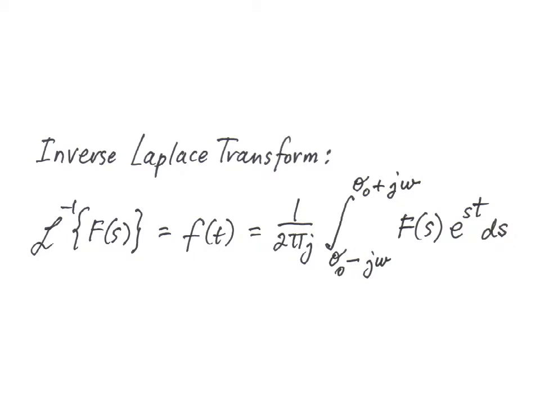The inverse Laplace transform is applied to f of s, the transformed f of t. And it is defined this way. Looks similar to the inverse Fourier transform, except for there's a j in the denominator and a scaling factor.